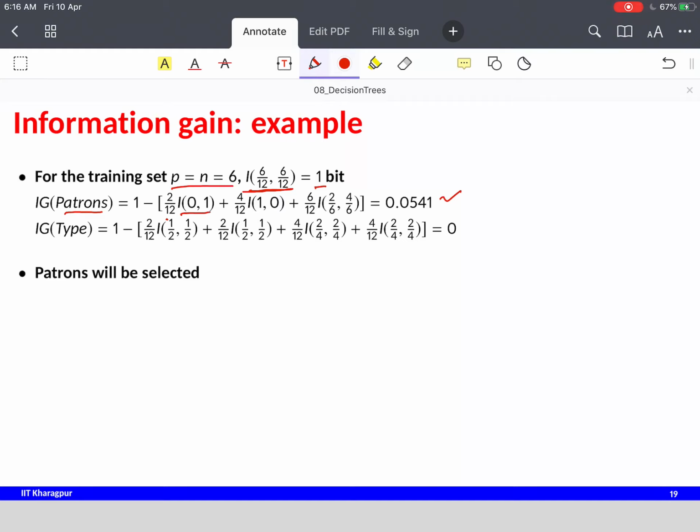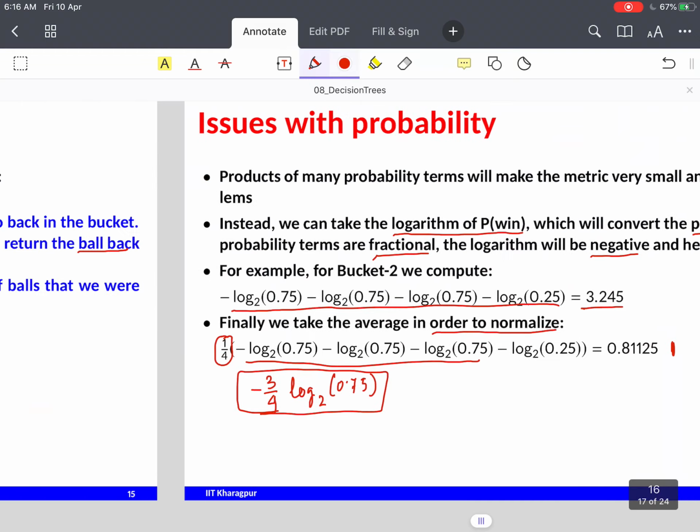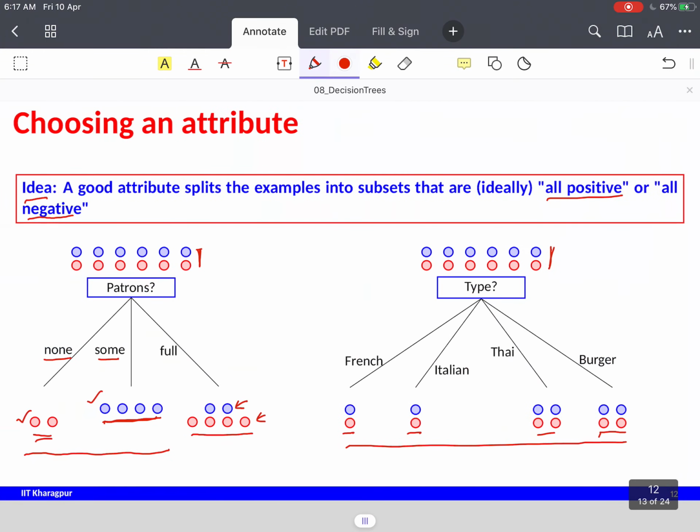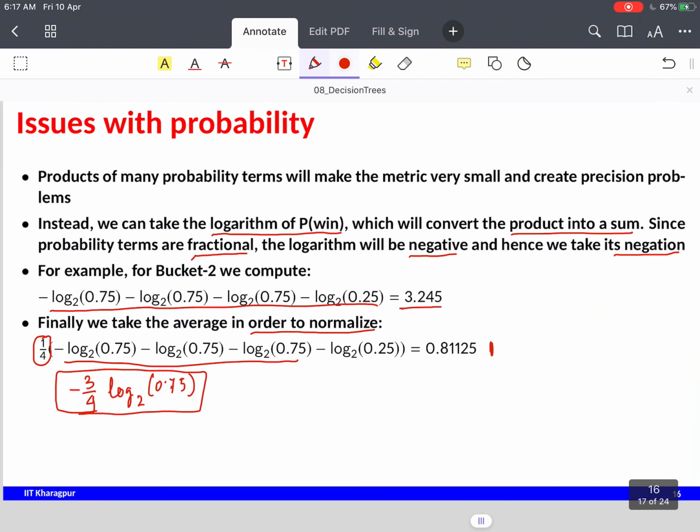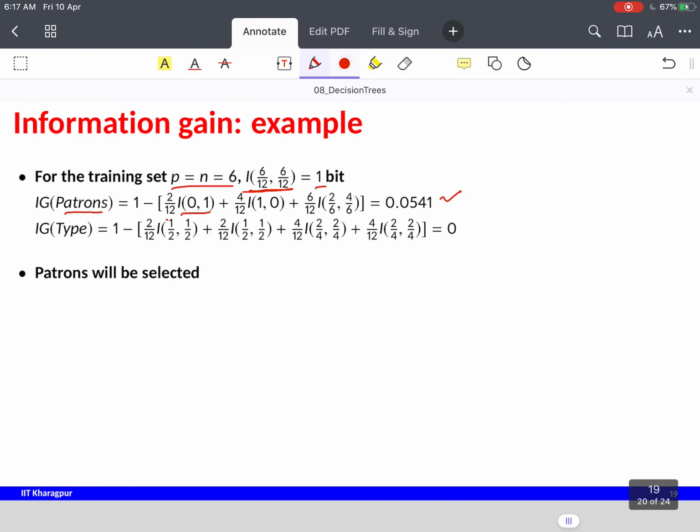This part corresponds to the examples that fall in the none category, this one falls to some, and this one is for full.